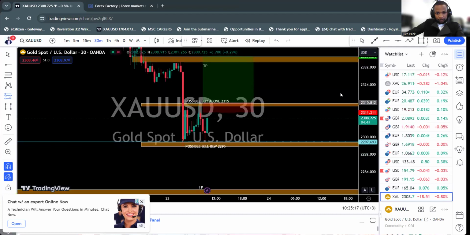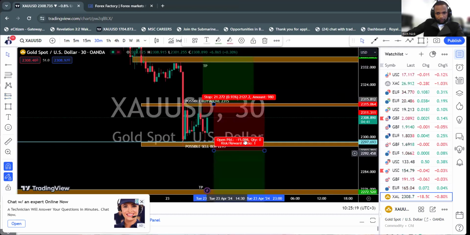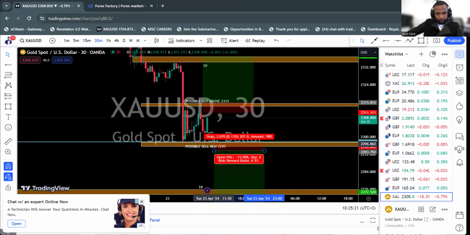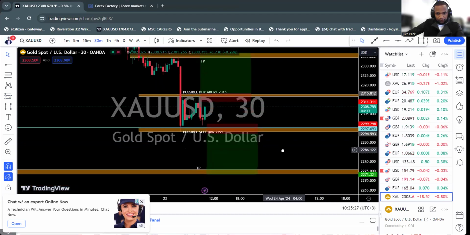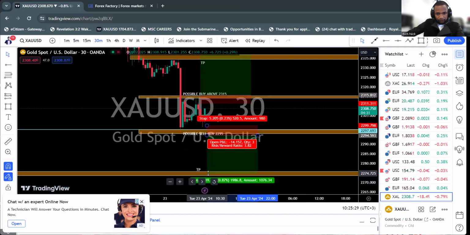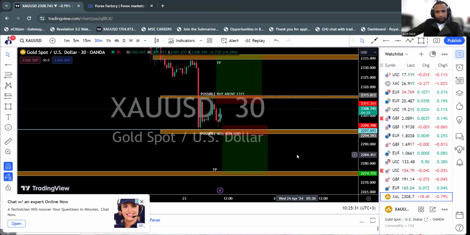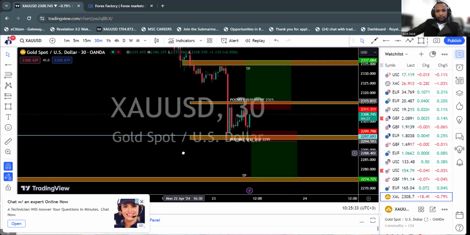So this is how we are seeing the market right now. Stop loss just above that point, and a push to the downside over here.